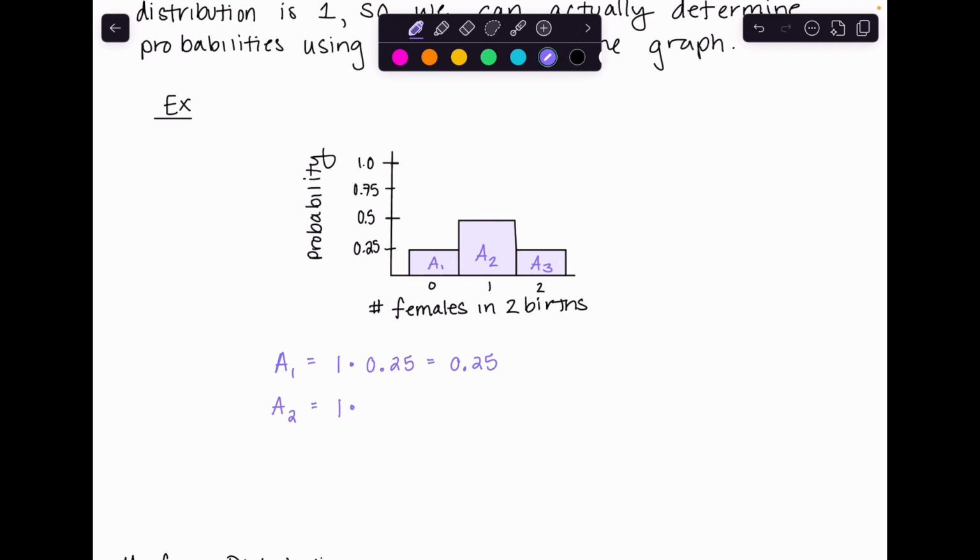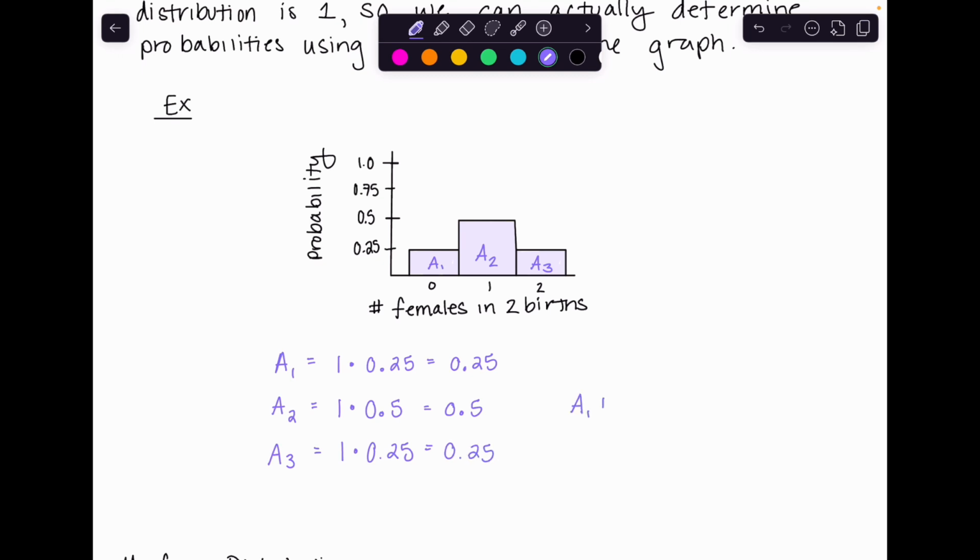So this would be 1 times 0.5, which is 0.5, which again is the probability for having 1 female in 2 births. And then finally, that third area also has a length of 1 and a height of 0.25. So if you multiply those together, you get 0.25.